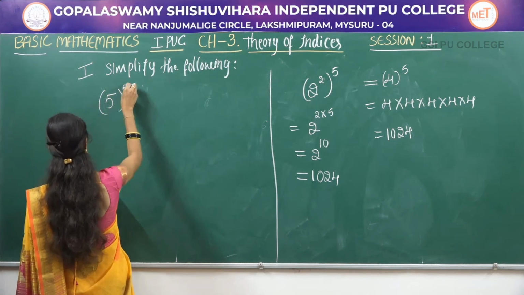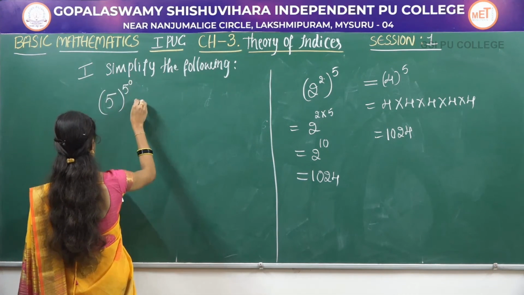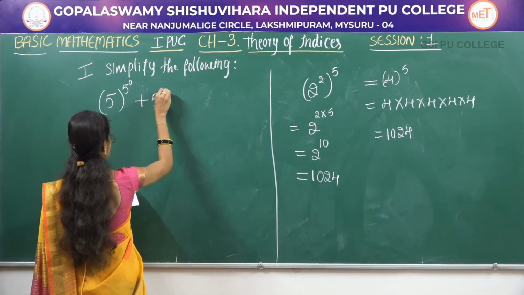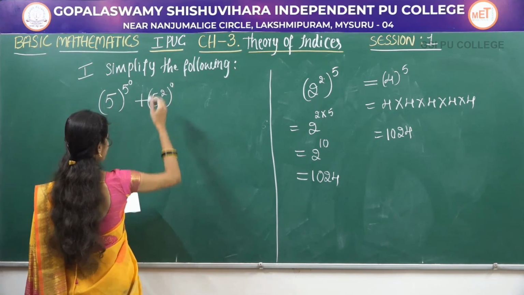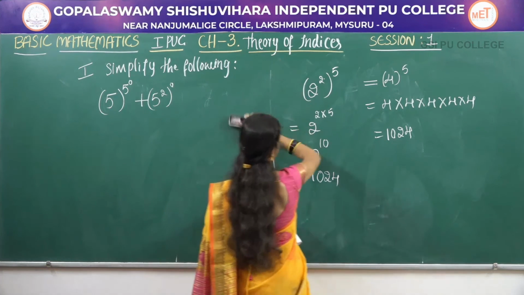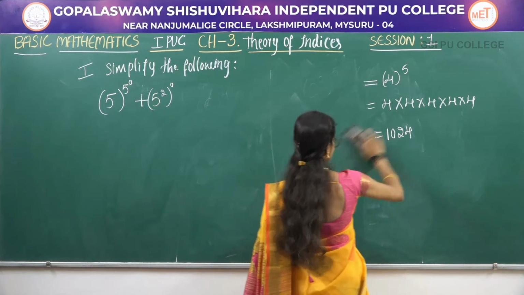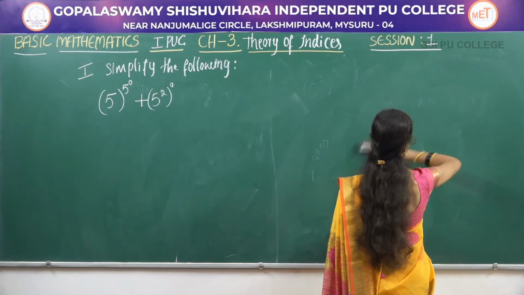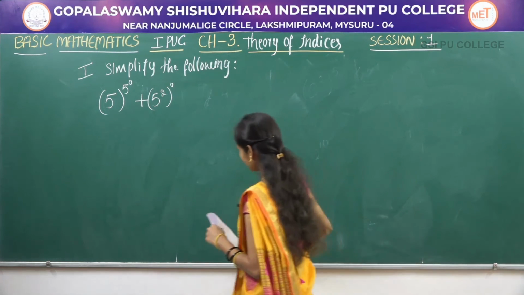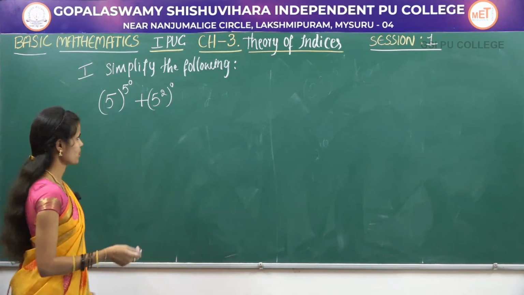5 whole to the power of 0 plus 5 square whole to the power of 0. Okay, simplify.